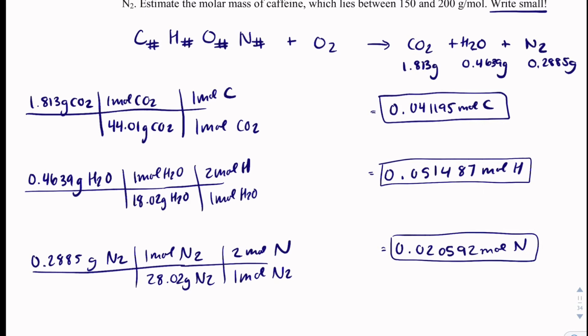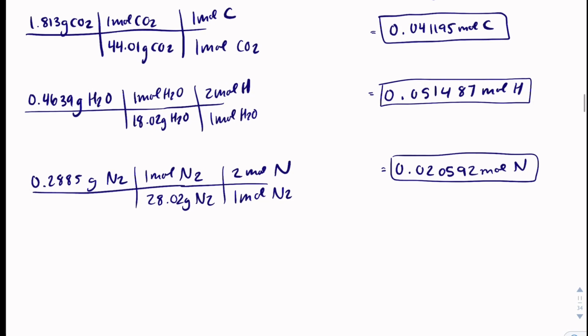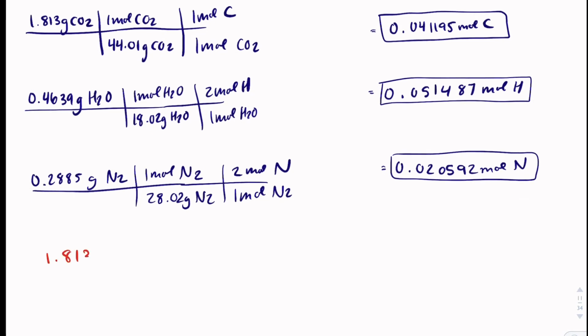And here's what a lot of people will say, and I'm going to write it out. I don't need you to write this part out, so I'll put it in red. That way you know not to bother writing it because it will just take up a bunch of space. People would say, oh, well, let me just take 1.813 grams of CO2.